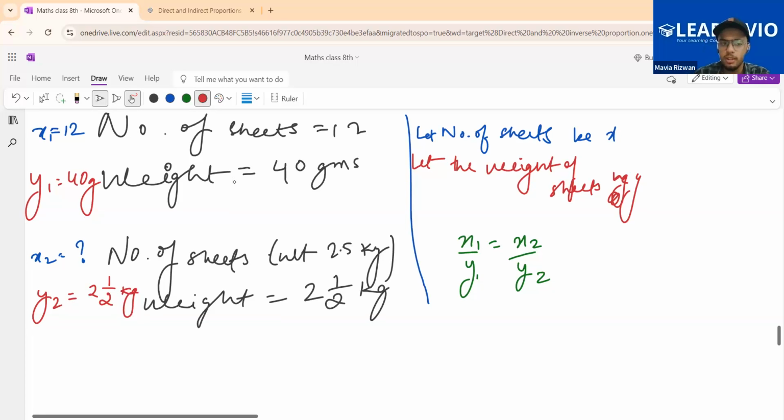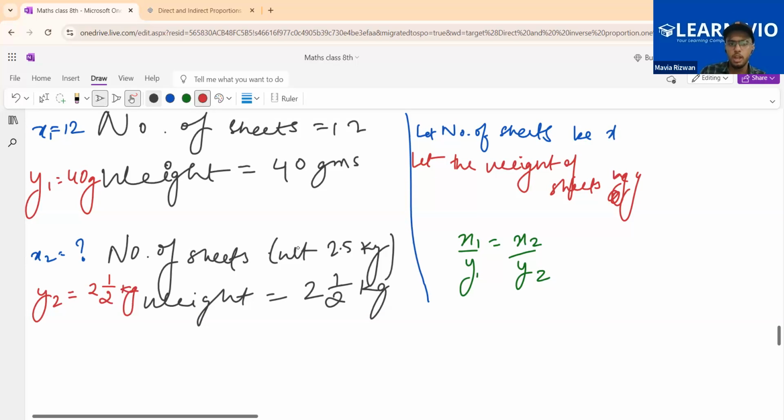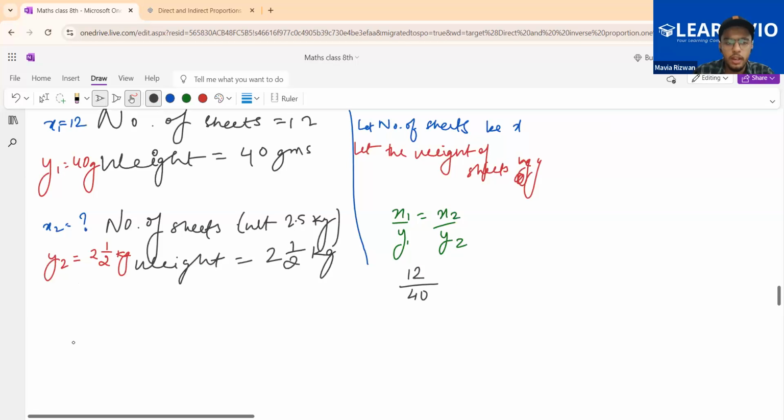Now we just have to put them in the formula. So X1 is equal to 12, Y1 is equal to 40. But there is one more thing. See, the units of X1 and X2 are the same. No need to draw the table, but at least change the units. We can see in Y1 the unit is 40 grams, and in Y2 the unit is kgs.